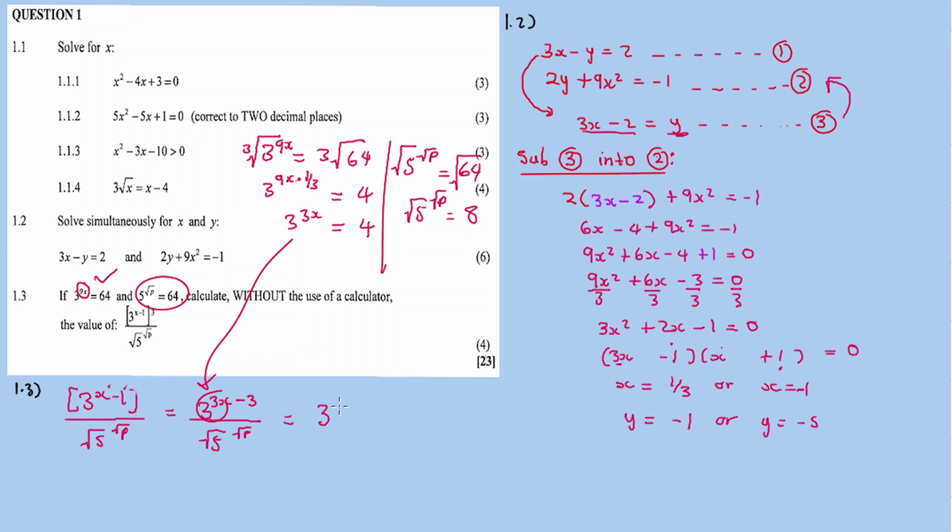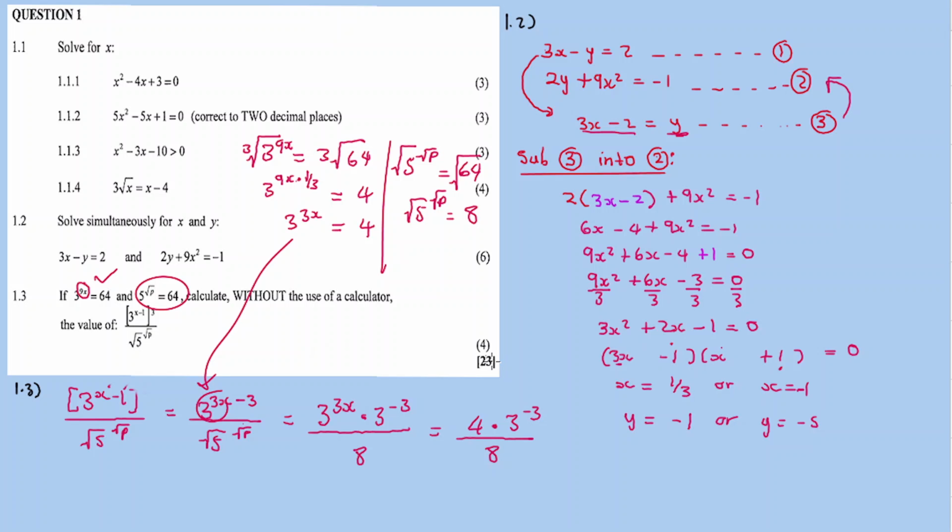Okay, here it's 3 raised to exponent 3x times 3 raised to exponent minus 3 divided by, so this thing where you split it before you substitute, and then here it's correct, it's 8. Here it's equal to 4 times 3 raised to exponent minus 3, everything divided by 8.